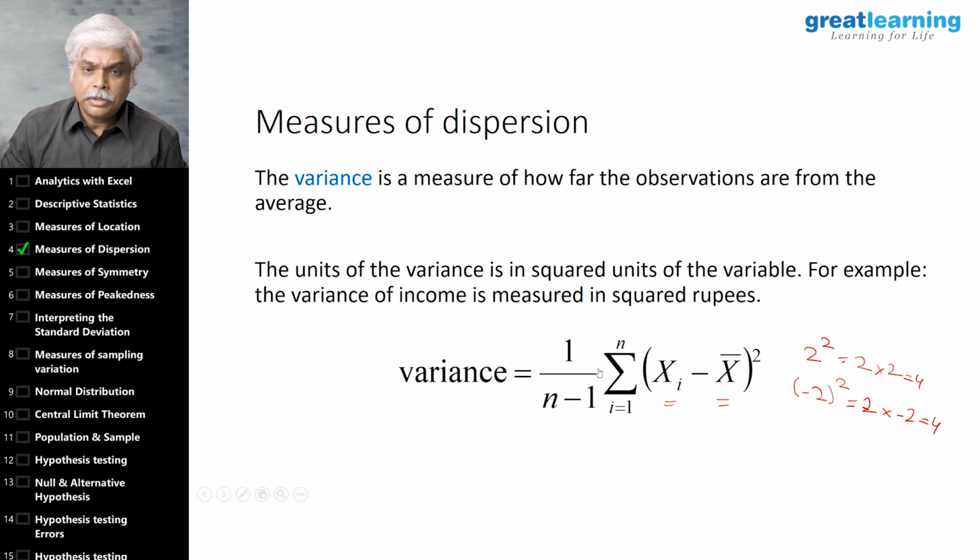Now I divide to take an average over all my observations, and I divide by n minus 1, which is a slight peculiarity in the sense that there are n observations and I'm dividing by n minus 1. This is done for a variety of technical reasons. One easy way to remember is that if there's one observation involved, there can be no variance because there is no possible variation that I can measure from one observation, which is the average.